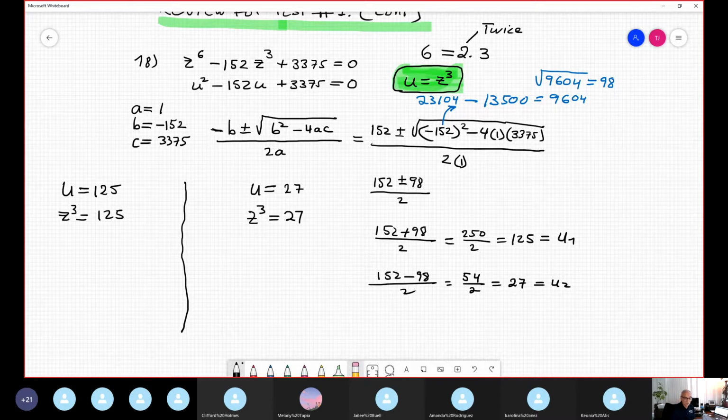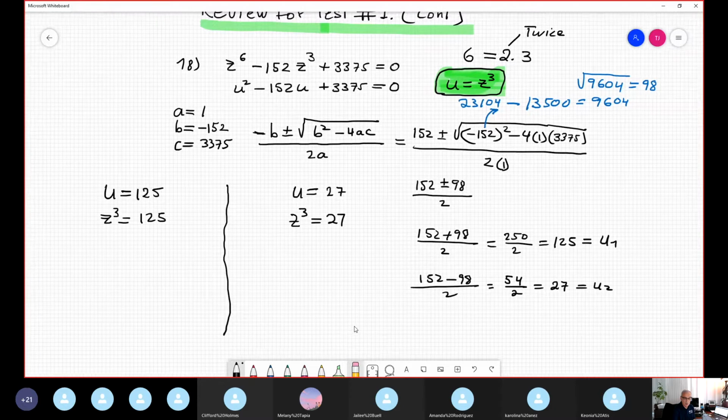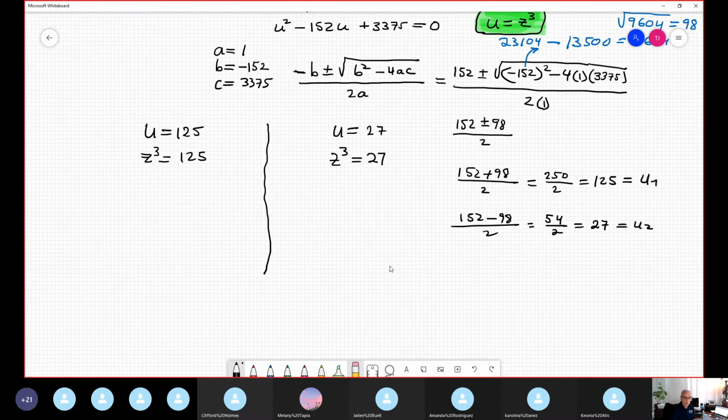So now, the super fantastic way is one more time, convert this equation to quadratic. It's doing to a standard, putting a standard, C cubic minus 125 equal to 0, standard, right hand side 0. C cubic minus 27 equal to 0. I want to solve them both simultaneously because it's analogous, it's the same.